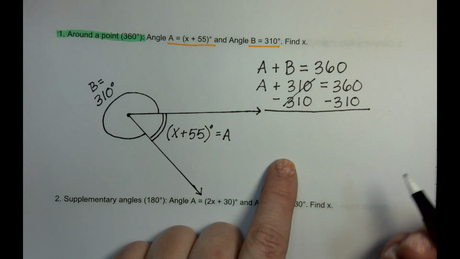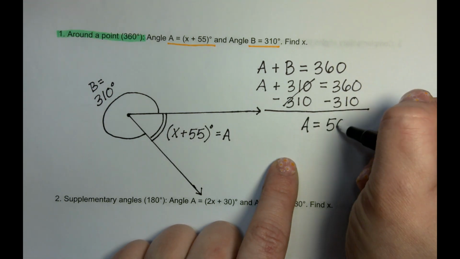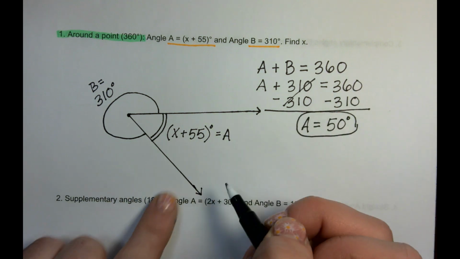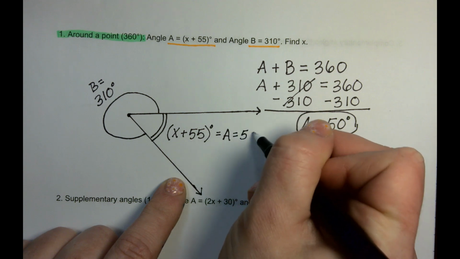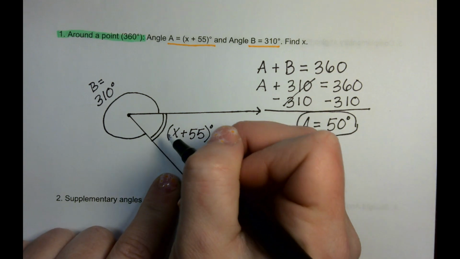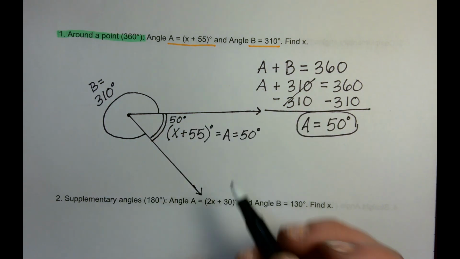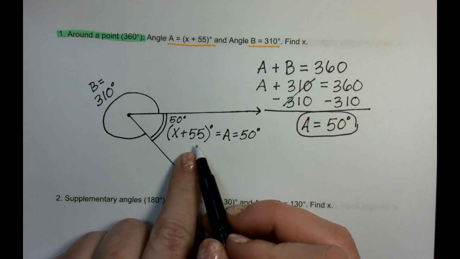A equals 50. A equals 50 degrees. So angle A is 50 degrees. I know angle A is 50 degrees. Angle A is also x plus 55 degrees.